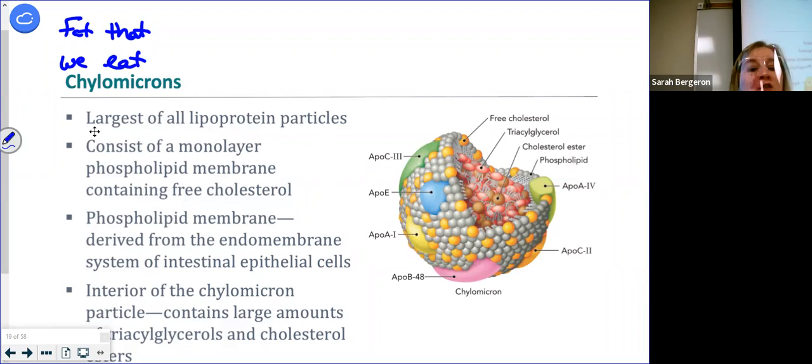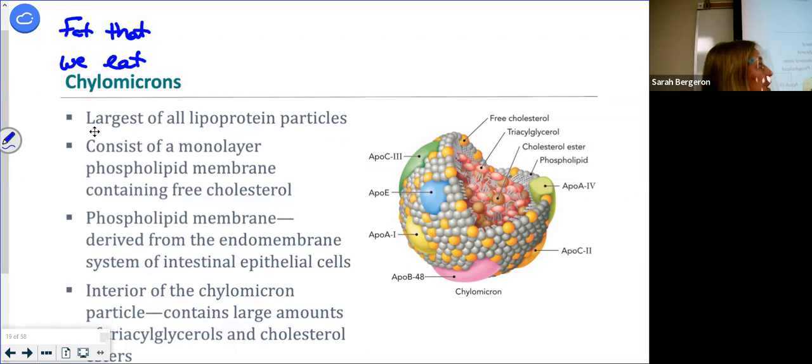So if you have any excess calories that you consume, the body thinks it needs to store them. And the way that we store excess fats is in adipocytes. So the question is, how do we get those triacylglycerides that we consume to the adipocytes? And this is actually how we do it.